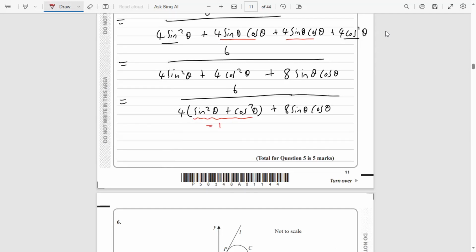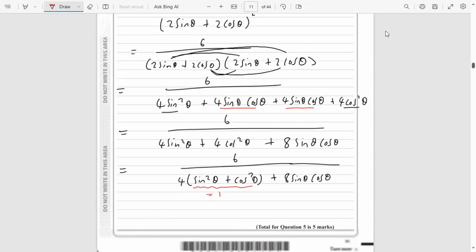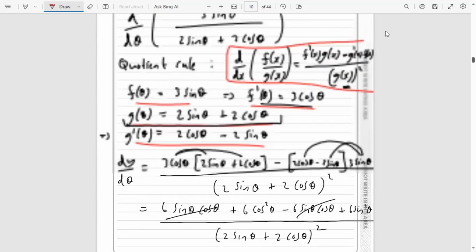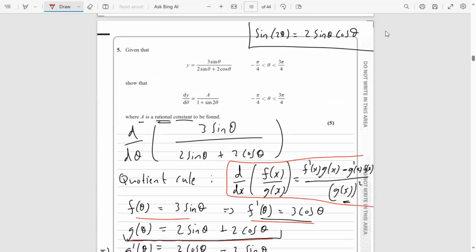And then also be aware of what we just said up here. Let's just go back to the top. So be aware of this result, our double angle result. So sine 2 theta is equal to 2 sine theta cos theta.